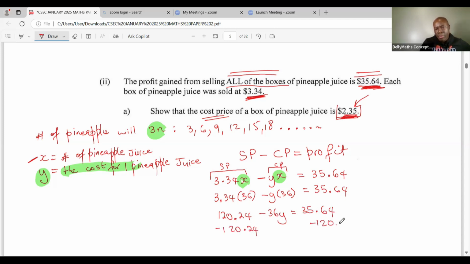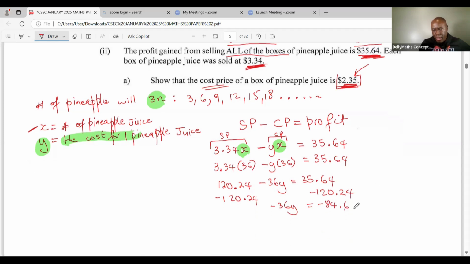Let's subtract $120.24 from both sides. So negative 36y is equal to, I'm getting negative $84.60. So then now I'm going to prove that the cost of one is $2.35.